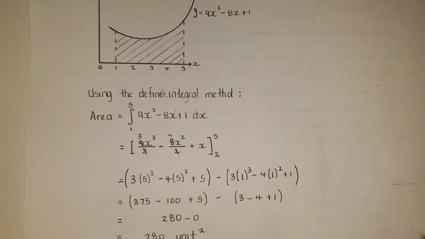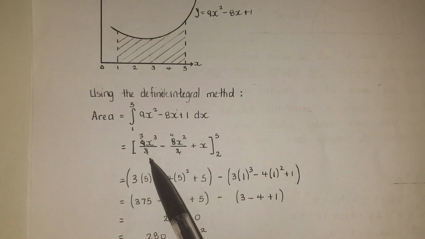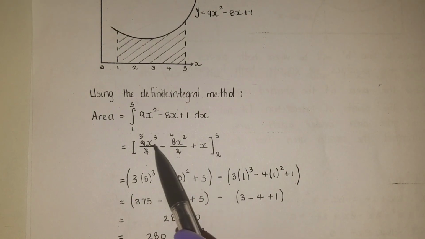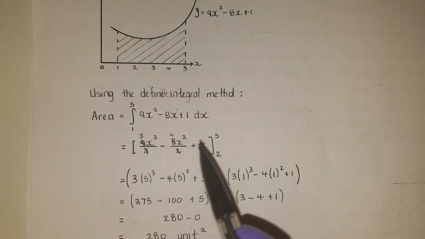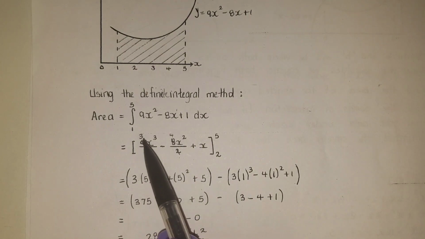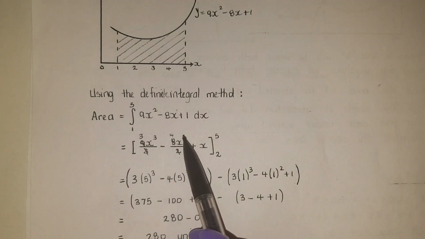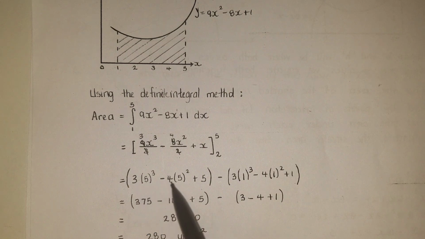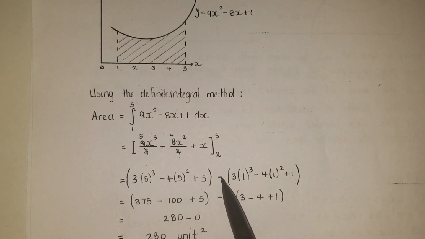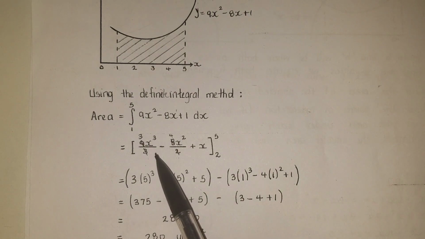So first I'm going to plug my upper limit into the entire function and substitute this 5 wherever we have an x. So this becomes 3 times 5 cubed minus 4 times 5 squared plus 5, as you see here, minus sign in the middle. Now for the lower limit, 3 times 2.